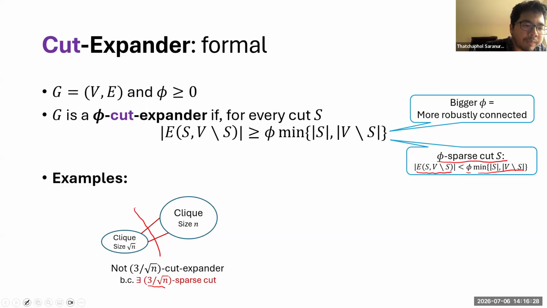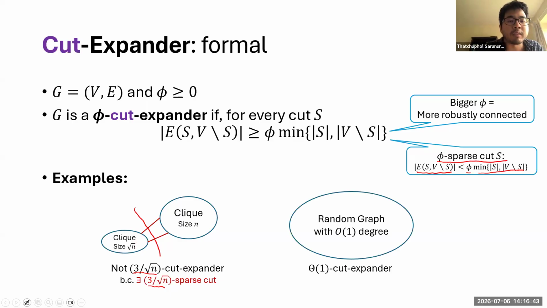The expansion is below order of 1 over root n. On the other hand, if you have a random graph, even when the max degree is constant, we can show that with high probability this is going to be a great expander. The expansion is quite big. It's a constant cut expander.